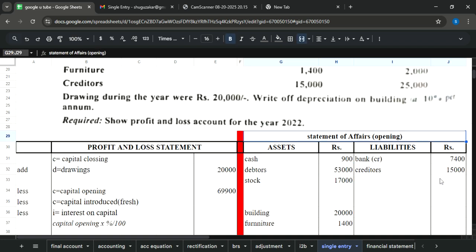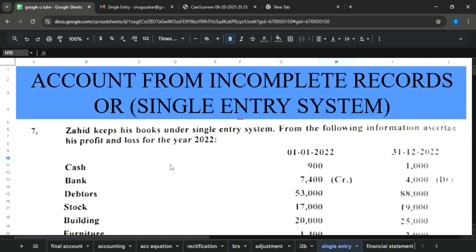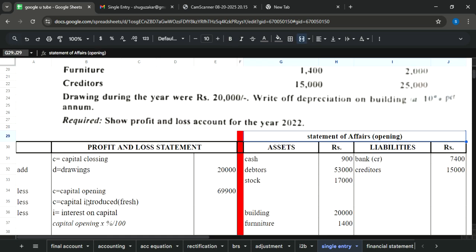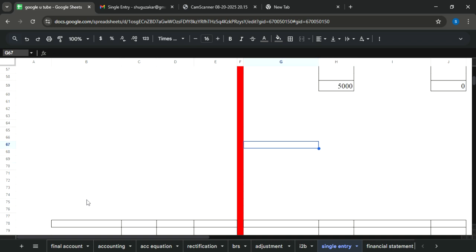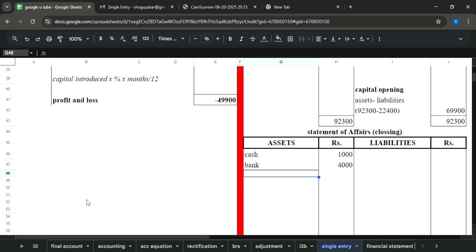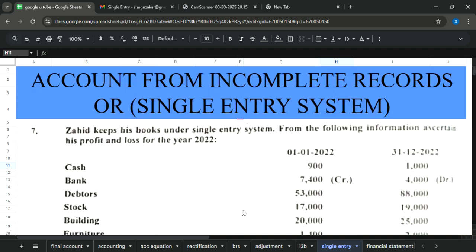After bank we have debtors. Debtors are your asset again. So here in the closing asset side, we will take the amount present in the closing statement, 88,000.